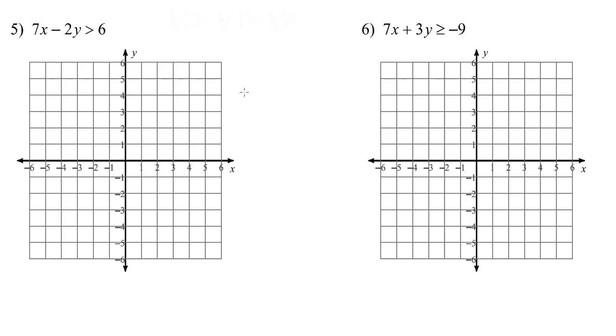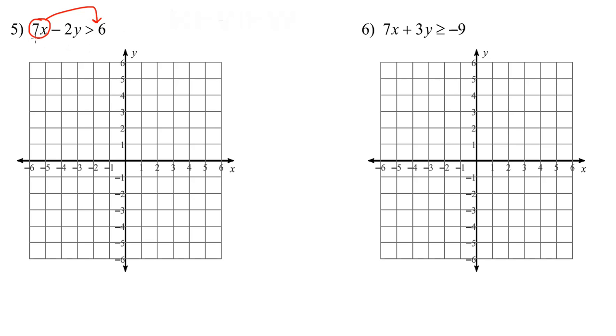Now the remaining examples are a little more complicated because they are not already in slope-intercept form, so we're going to need to convert them. So in order to put this in slope-intercept form, I first need to get this 7x and move it to the other side. So I want to take this 7x and I want to drop it right here in between the greater than and the 6.